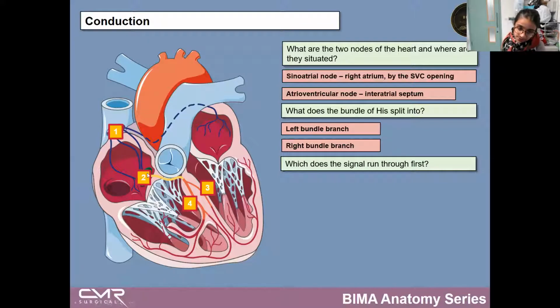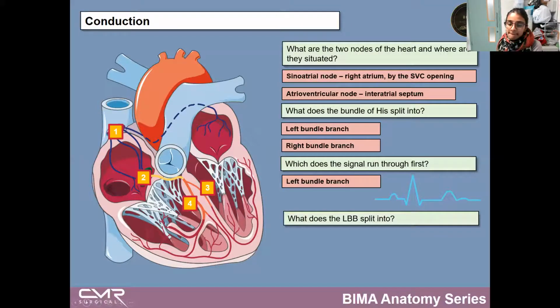So from the AV node coming to the bundle of His, splitting into left and right, first it goes down the left side. And that's quite important when you talk about ECGs and left bundle branch block versus right bundle branch block. So coming down the septum, it always comes from the left side first.